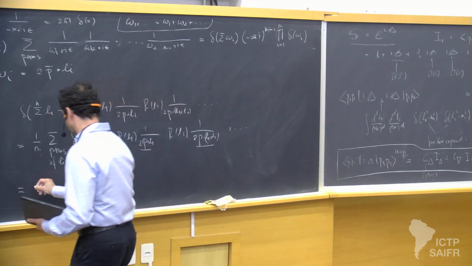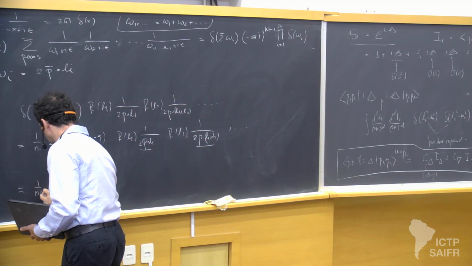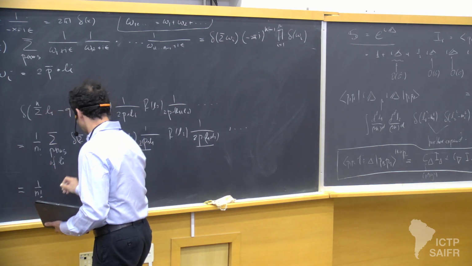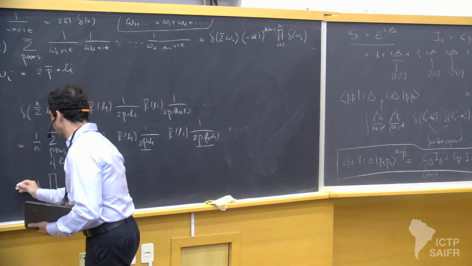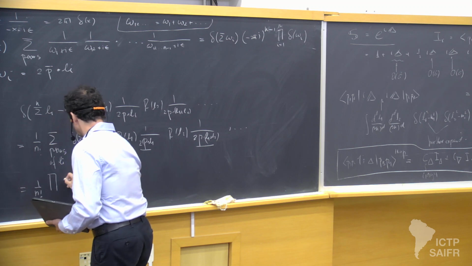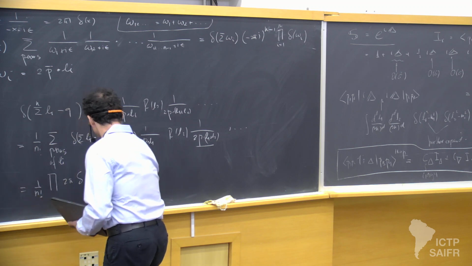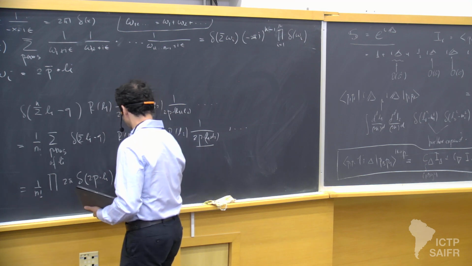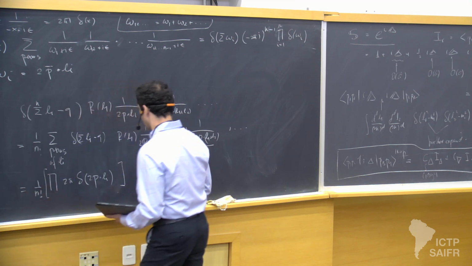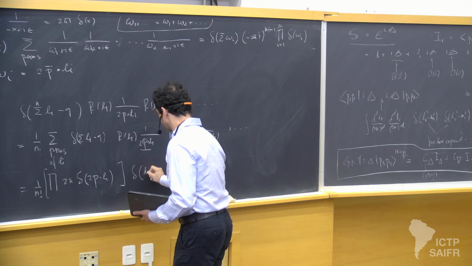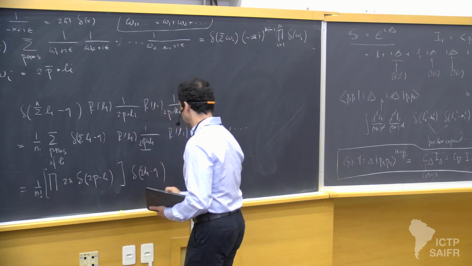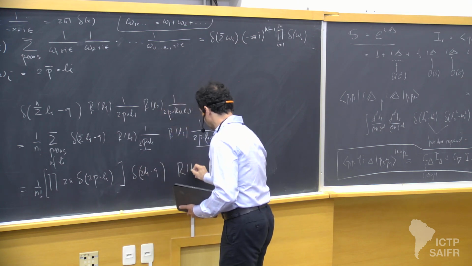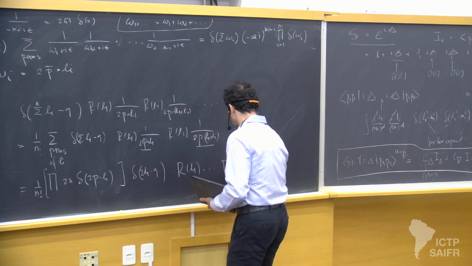All right, so this is 1 over n factorial, product, 2 pi delta of twice P dot Li. And then there's, of course, the delta of sum of Li minus Q. And then there's R of L1, R of Ln.